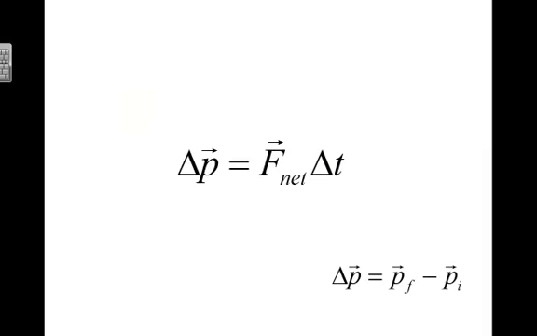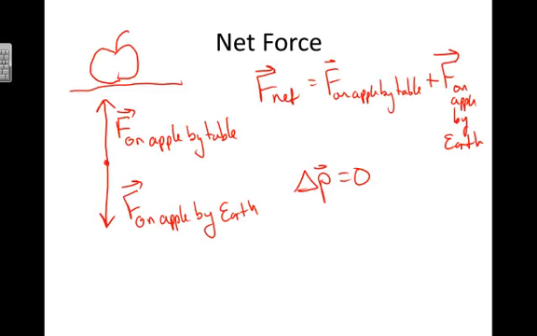If we go back to the equation, delta P is F net delta T. The apple is going to be sitting there for a long time, so this delta T could be a few seconds. The only way for delta P to be 0 is if our net force is also 0. So delta P being equal to 0 implies that F net is also equal to 0.